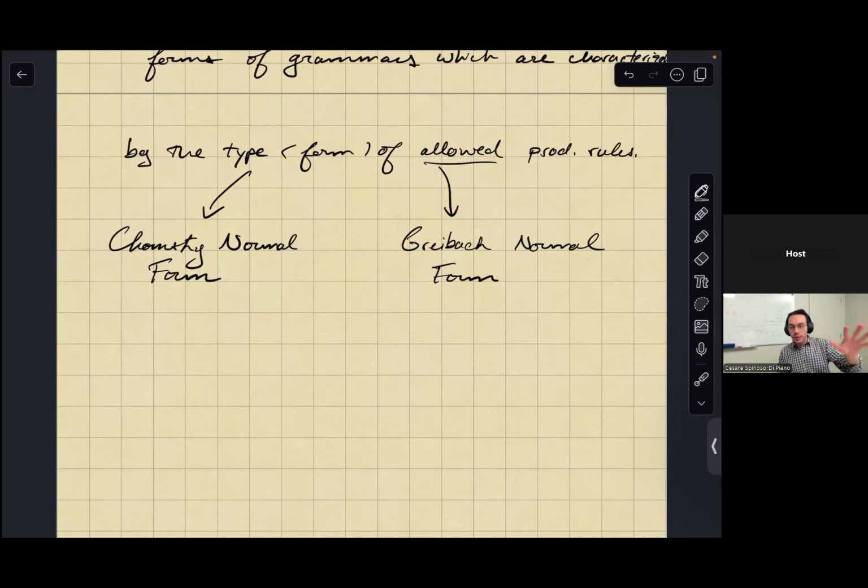So what Chomsky normal form prescribes is that every single production rule in the grammar G must have the following form.